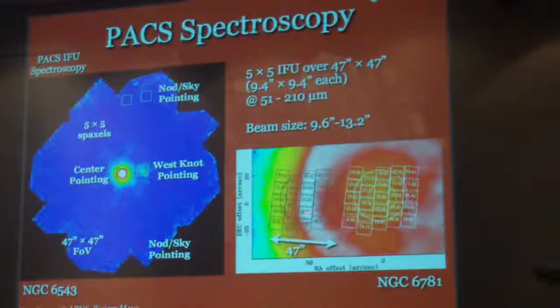This 5 by 5 spaxel array covers about 47 arcseconds by 47 arcseconds of sky and covers 51 to 210 micron. The respective beam sizes in the spectral range are from 10 to 13 arcseconds.